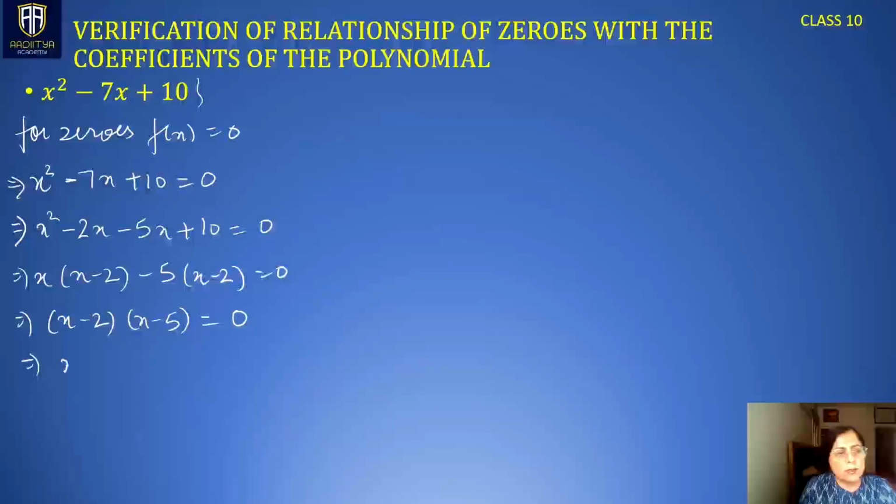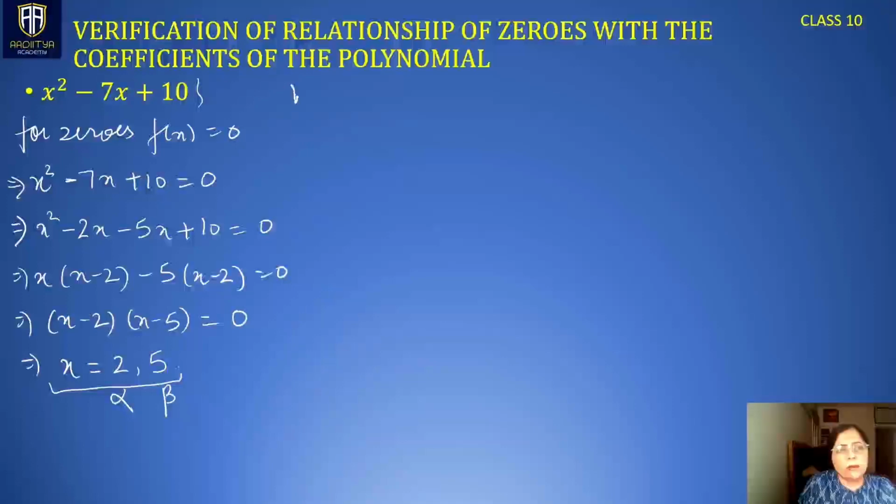And for zeros, we get the values of x as 2 and 5. This is a quadratic expression and we got two zeros. We can take either of them as alpha and the other one as beta. We can take 5 as alpha and 2 as beta. Doesn't matter. So the two zeros are 2 and 5.